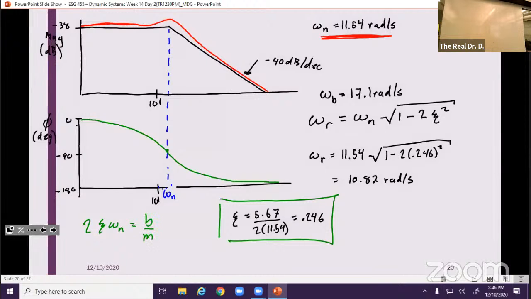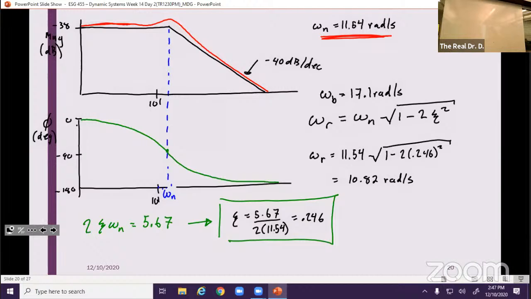We have this in standard form already, so we know that this has to be equal to 5.67 from our equation. If we rearrange it, we find that zeta is 0.246. We plug this in, and omega r is 10.82 radians per second.